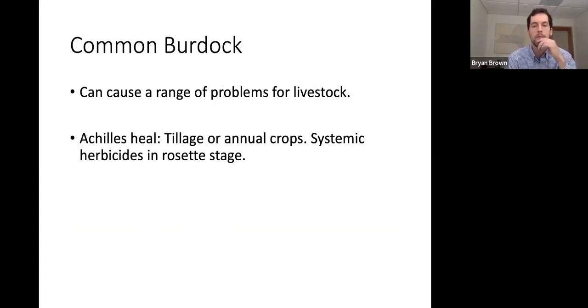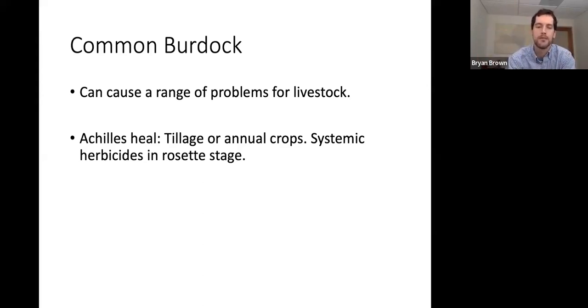You really don't see burdock in annual crops, primarily because of the tillage. But if you are continuing in a pasture system, you might take a look at systemic herbicides, so 2,4-D or glyphosate in the rosette stage. Okay, so before it bolts.